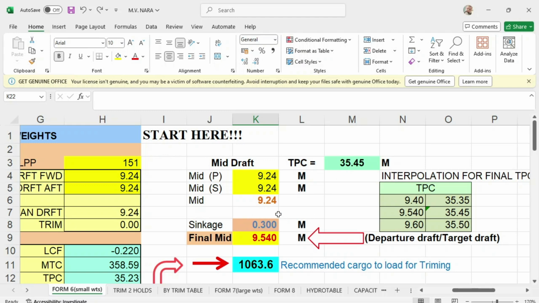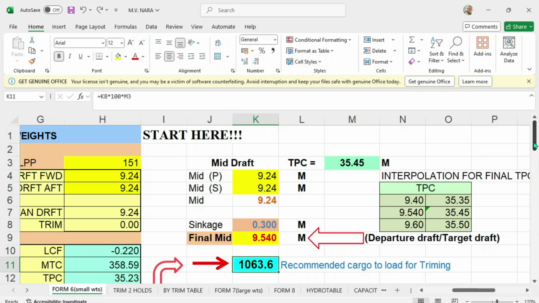Now, this sinkage, you convert this one to metric tons. So what is the formula? Sinkage times your TPC times 100 is 1063.6. So what's the formula? Sinkage times 100 times TPC equals 1063.6.